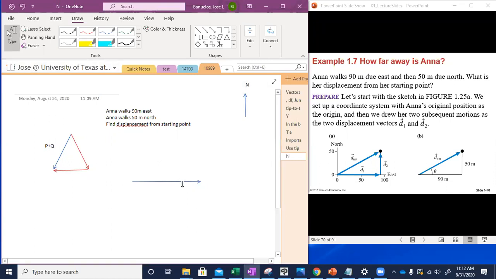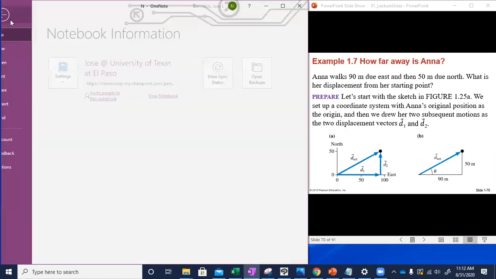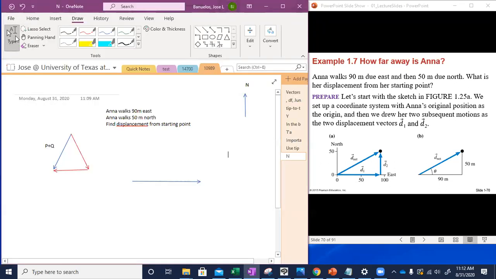So east is to the right on the screen, and we'll label that vector with its size, 90 meters. The origin is where we started off, the beginning of that 90-meter vector.